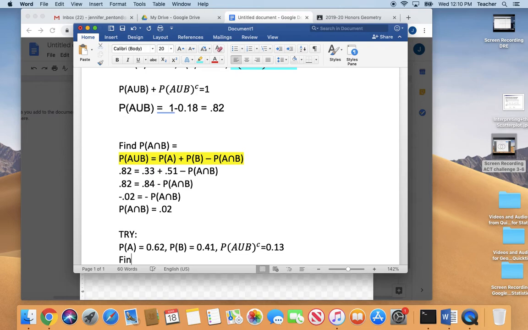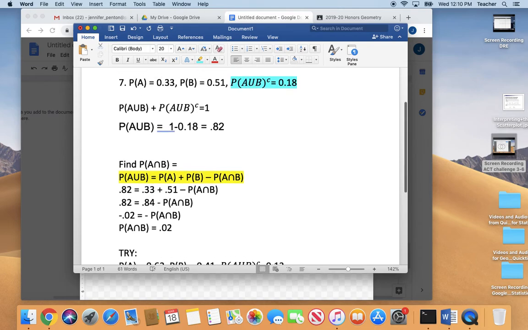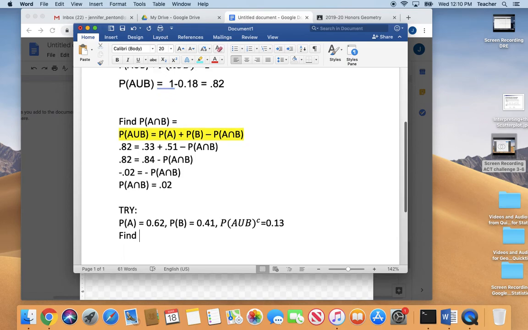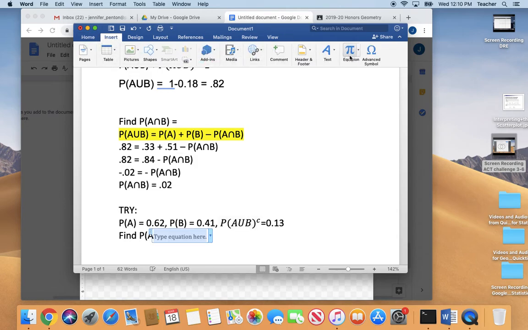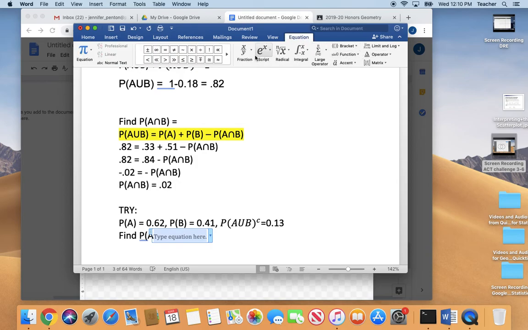I want you to use this addition rule up here to find the probability of A and B.